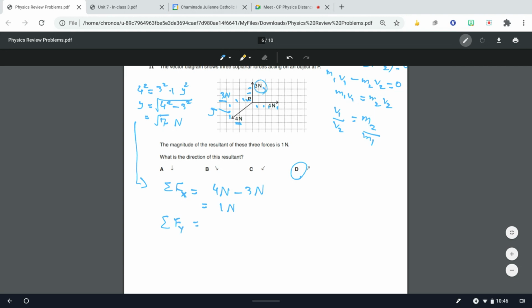So you've got 3 newton right here on the positive side, minus this root 7 newton on the other side, and I believe that gave you 3 minus root 7, 0.35 newtons. By the way, do you have time, or would you like to wrap up because we're out of time?